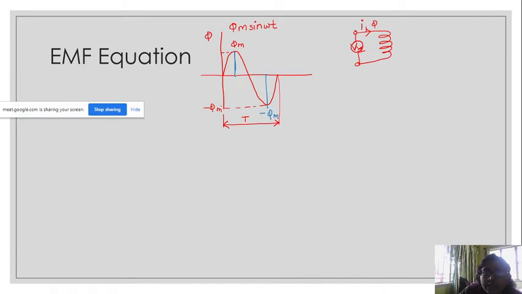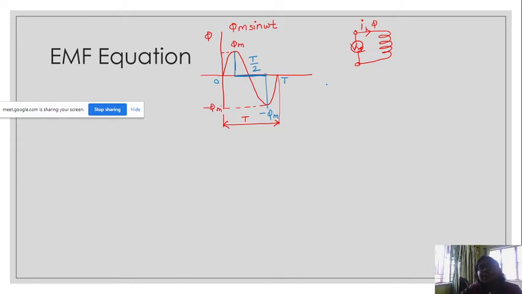If I am able to know the time elapsed between the flux equal to phi m and minus phi m, that means the flux changes from phi m to minus phi m, can you tell me what could be this time? If 0 to this is T, what could be the peak to peak time? T by 2. Yes, it will be T by 2. Very good.